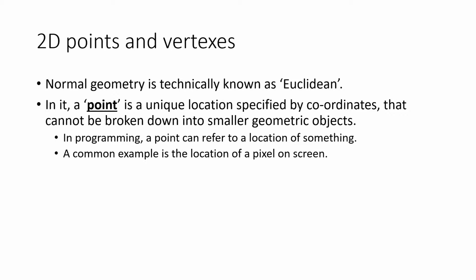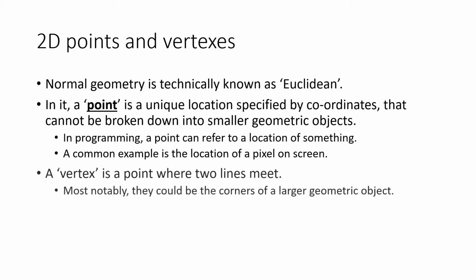Think of it as an infinitely small location, although in reality, in programming, we're typically using it to talk about a point on the screen, which is a pixel, which does have a certain size. A vertex is a point where two lines meet. So most importantly, if you're making a geometric object like a square or a triangle, then each of these would be a corner of that shape.